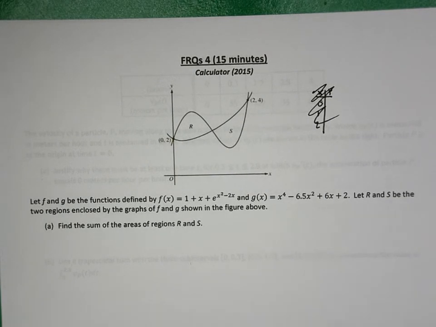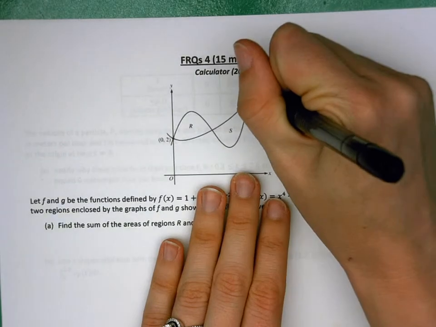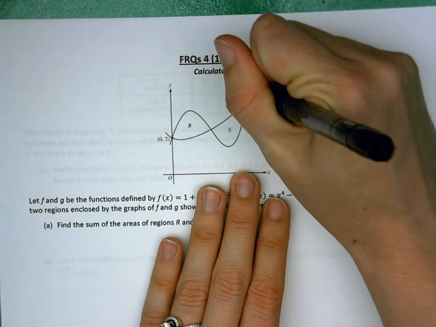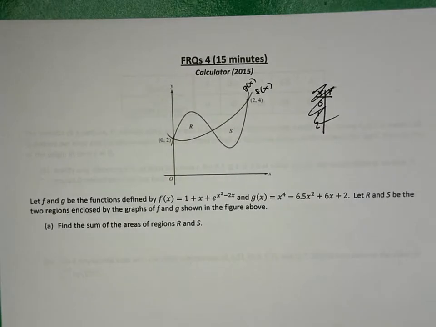And so when I graph f and g here, I find that f is this function here, and g is this function here. Let me go ahead and put that on the screen so we can see what I'm looking at.